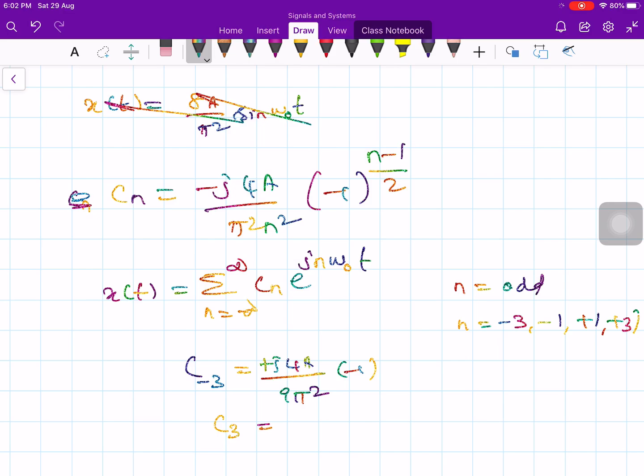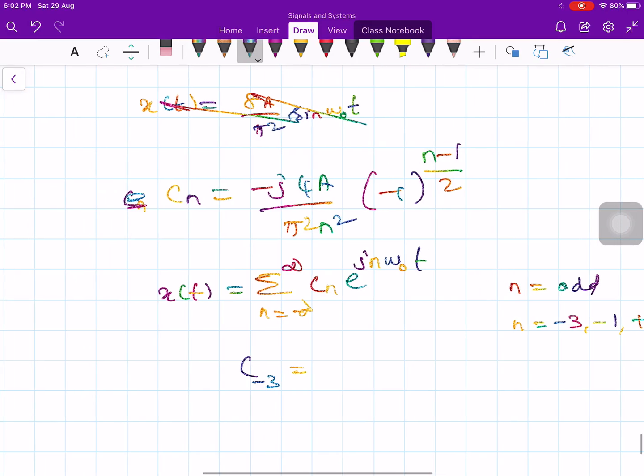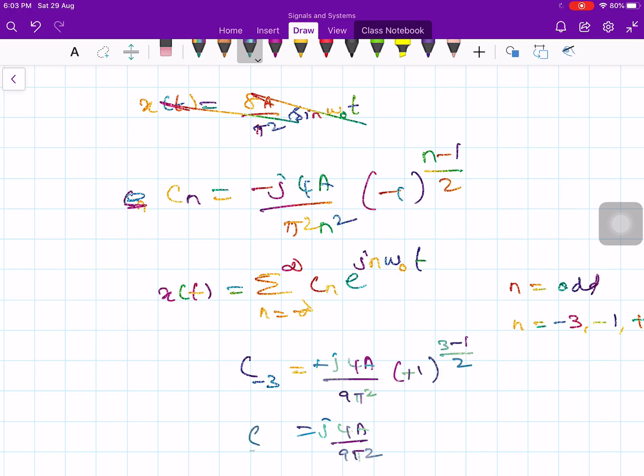Sorry, 3 minus 1, I am sorry, it is missing. Let me write down neatly. C minus 3 is equal to minus j 4a divided by 9 pi squared, minus 1, 3 minus 1 by 2, that is 2 by 2, 1. Minus 1, this minus and this minus will get cancelled. Therefore C minus 3 is j times 4a by 9 pi square.